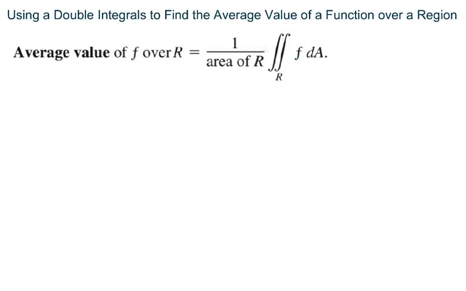One other example we could think about where we might need to find an average value is if we had some thin plate which was covering R, and maybe we wanted to find the average temperature across that plate. So maybe there was some source of heat on the region, right? And obviously it's going to be hottest at that point.